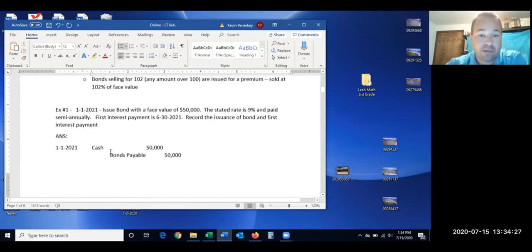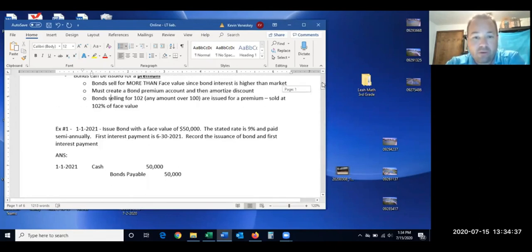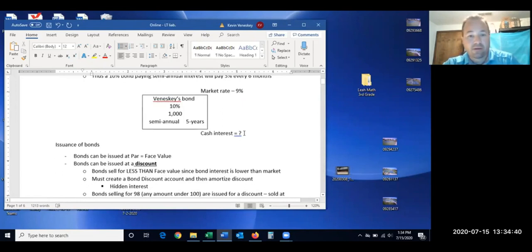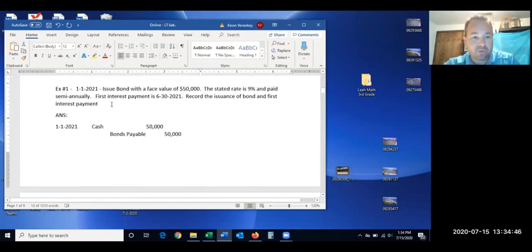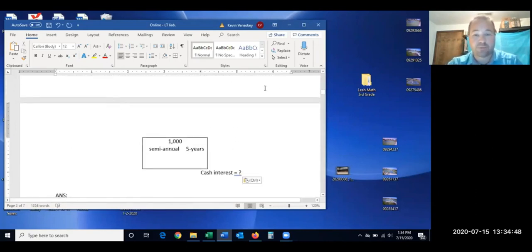All right, let's start off with an easy one. The easy one here just basically says that the bond is selling for face value of $50,000. And if we wanted to, I think I'll do this. I'm going to make this little thing down here just to kind of get used to doing this. I think it helps.